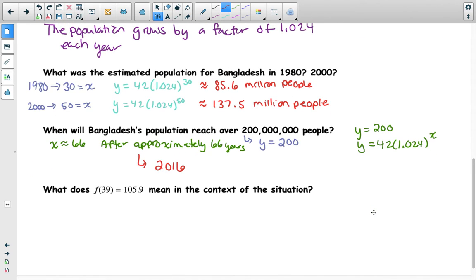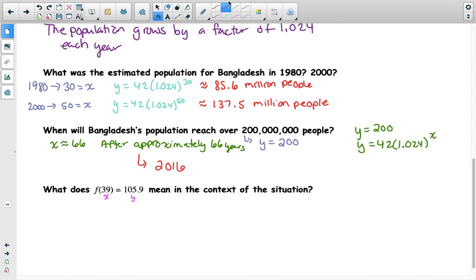What does f of 39 equals 105 9/10 mean in the context of the situation? If we remember, this is supposed to say f of x. 39 is the x value, and 105 9/10 would be the y value. Remember, x is the years after 1950.